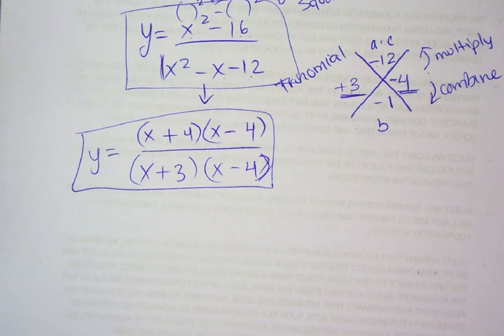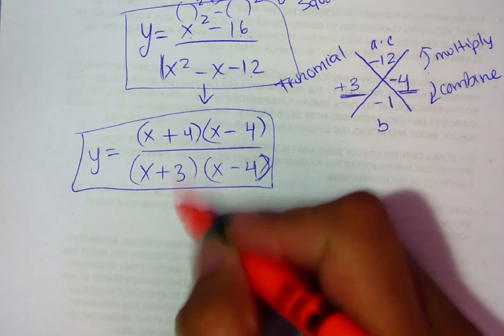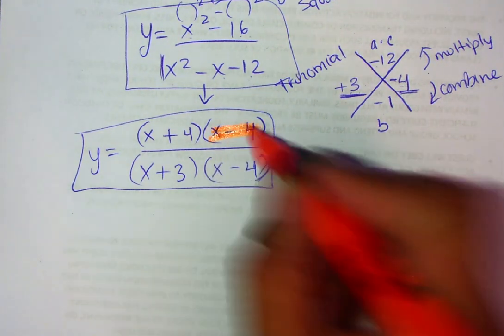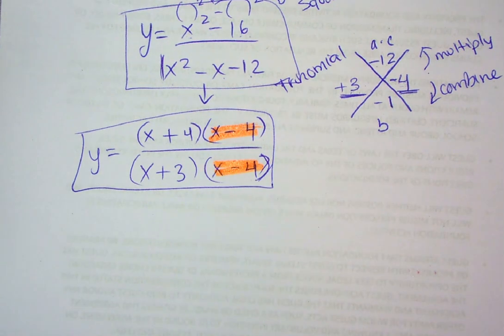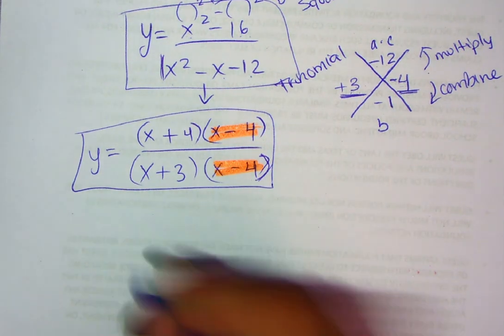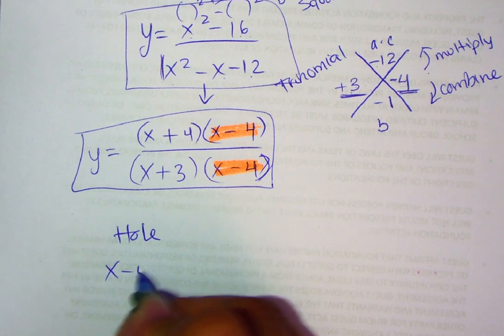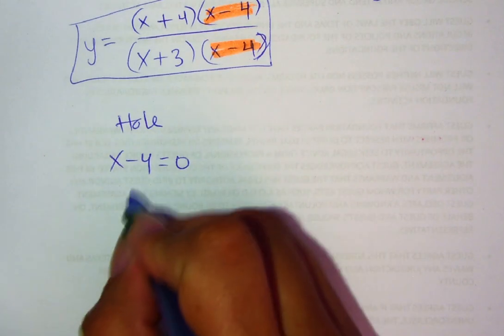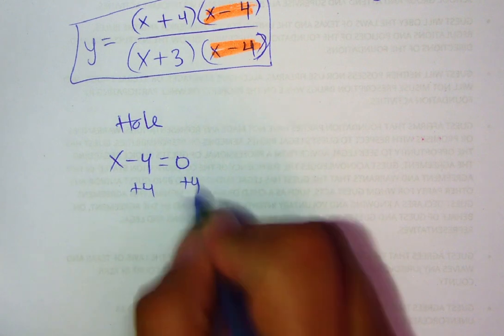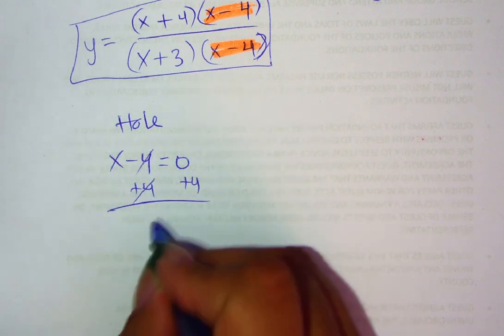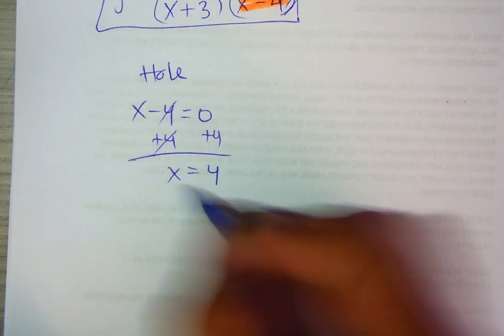And when we have that, now we proceed with the process of looking for a factor that is identical in the numerator and denominator. In this case, x minus 4, which means that we're going to identify the hole by writing x minus 4 equals 0 and then solving. So adding 4 to do inverse operations, and then x equals positive 4.